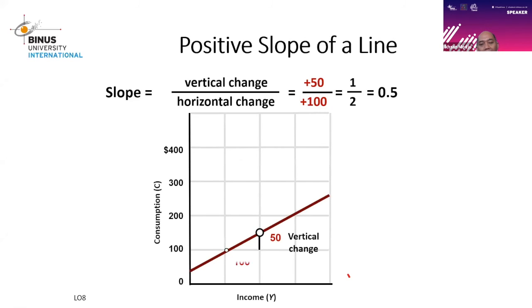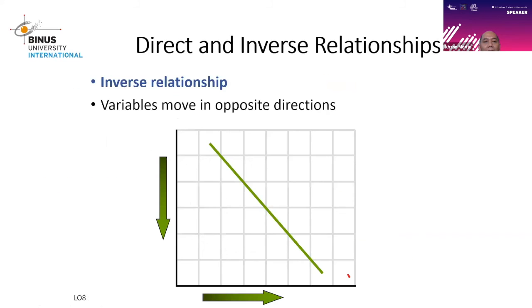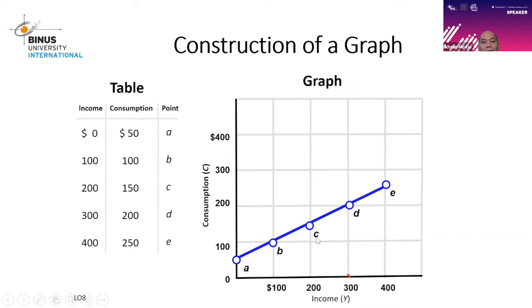In this example of consumptions again, when you try to find the vertical change, yeah, the slope, you divided the vertical change, which is the difference between consumption at this point and consumption at this point. So the vertical change is 50 divided by the horizontal change. So we don't have the number here, but basically it's the same as when you try to look at the difference, you calculate the slope by this, yeah.